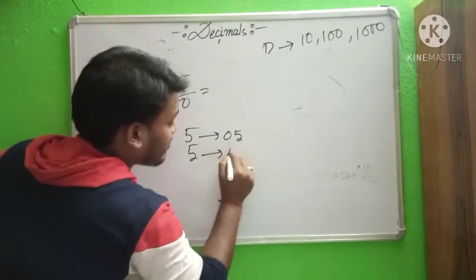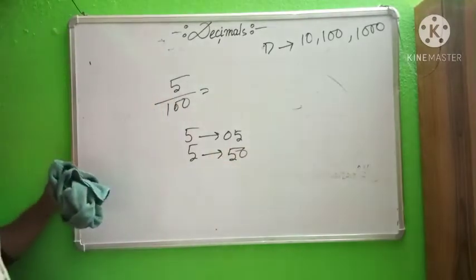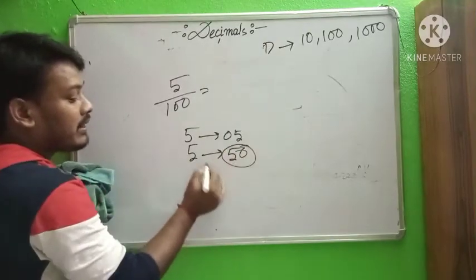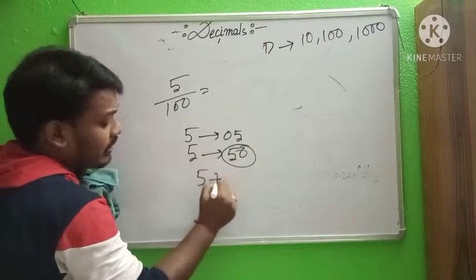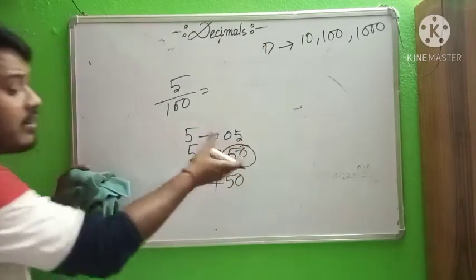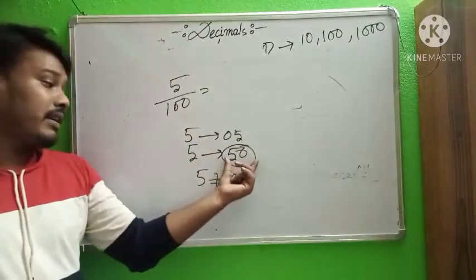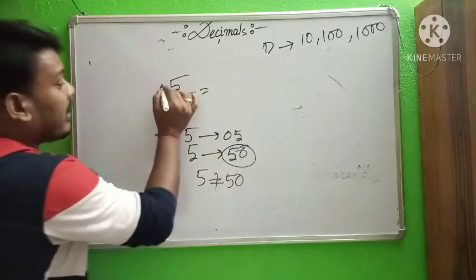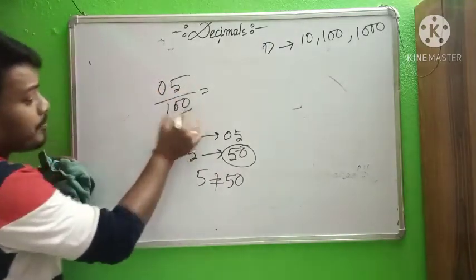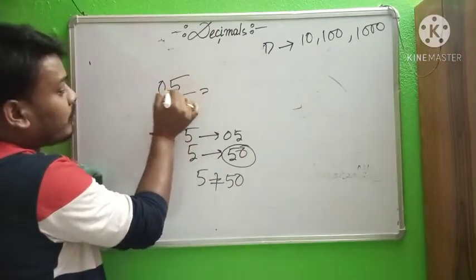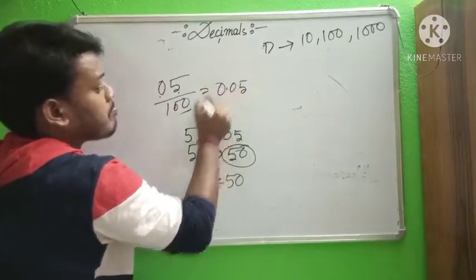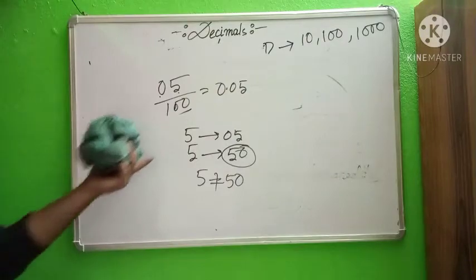If you write 50, then the value 5 is not equal to 50. So you cannot write 5 as 50. So you can think of 5 as 05. So put the decimal before two digits, so 0.05.